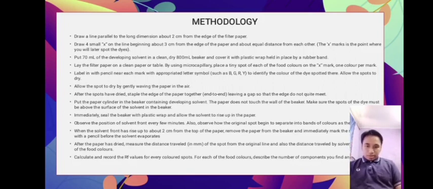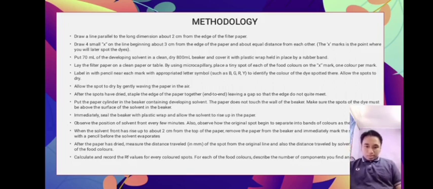Allow the spot to dry by gently waving the paper in the air. After the spots have dried, staple the edge of the paper together, leaving a gap so that the edges do not quite meet.